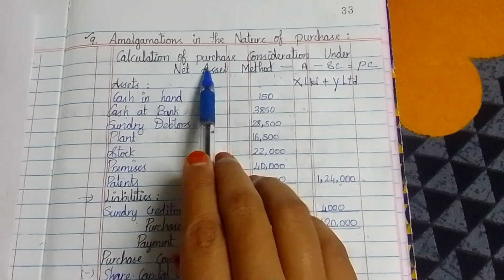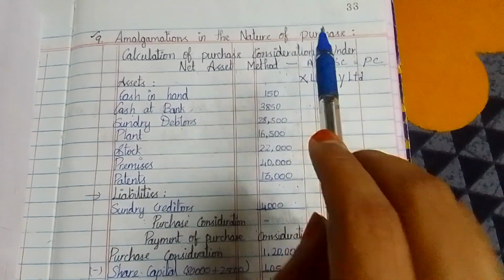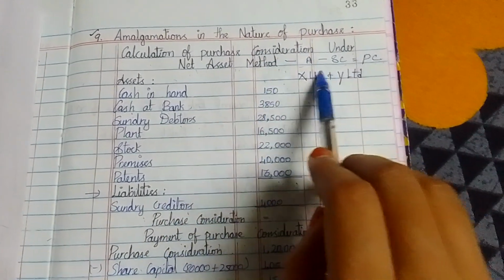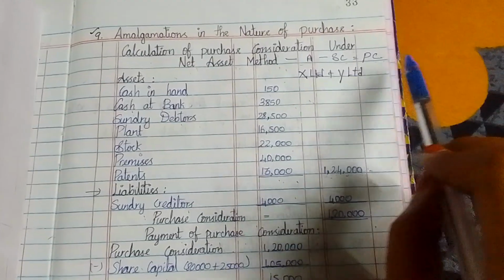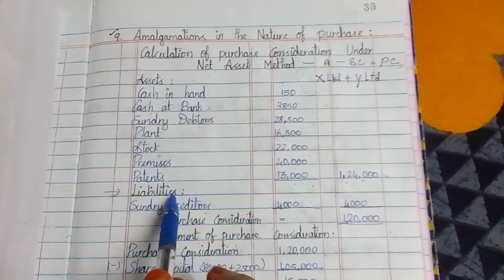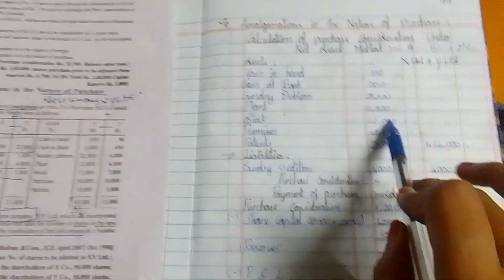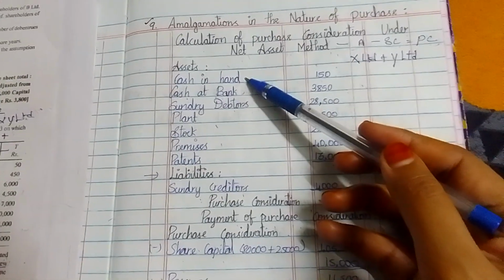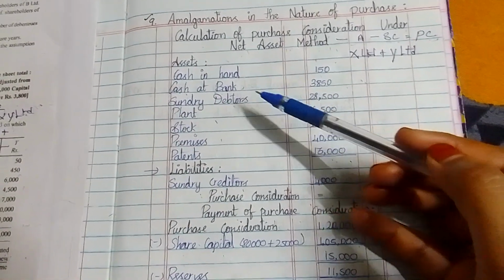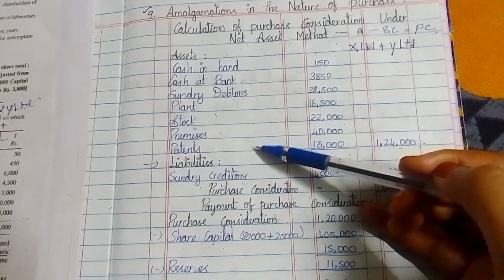So now we are moving to the first step of the sum, the calculation of the purchase consideration under the net asset method. In the net asset method, you people know it, assets minus sundry creditors gives the purchase consideration. Here we take the asset and creditor values of X and Y, add them up and mention them. The asset values are cash in hand, cash at bank, sundry debtors, plant, stock, premises and patent.